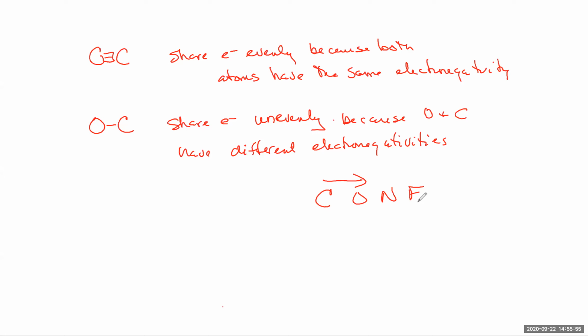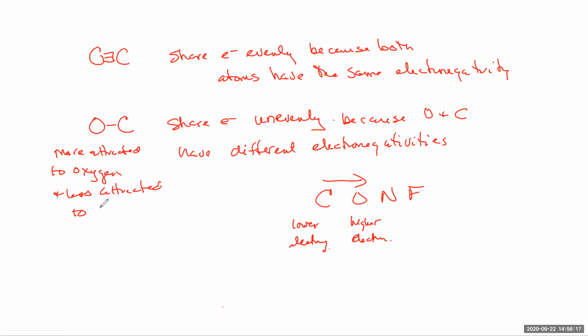Since oxygen is closer to fluorine, oxygen will have a higher electronegativity, and carbon will have a lower electronegativity. And so the electrons are going to be more attracted to oxygen and less attracted to carbon for this particular bond. And so we can try to distinguish between these bonds based on if they're sharing the electrons evenly or if they're sharing the electrons unevenly.